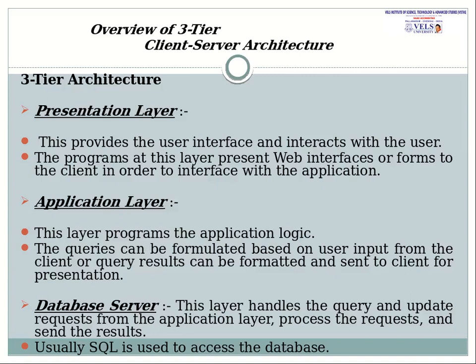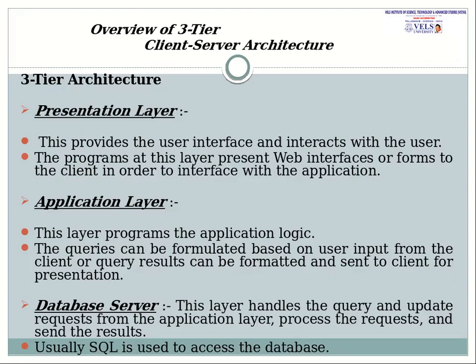Queries can be formulated based on the user input from the client, and query results can be formulated and sent to the client presentation. The database layer handles the queries and update requests from the application layer, processes the requests and sends the results.